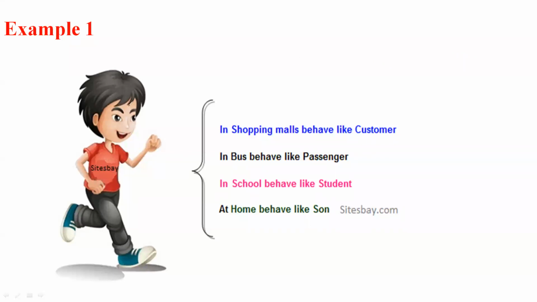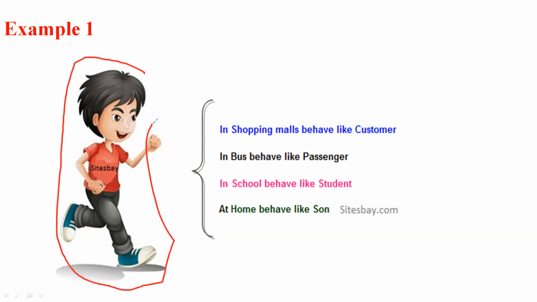Suppose think this fellow is a youth. How will this fellow be considered polymorphic in nature? Suppose you are in a shopping mall, you behave like a customer.